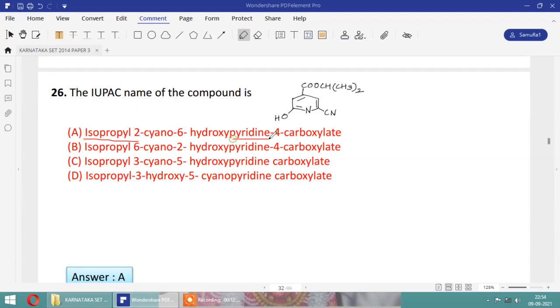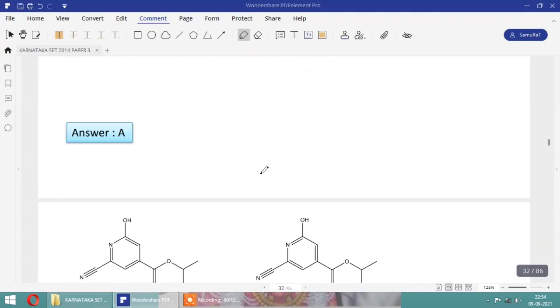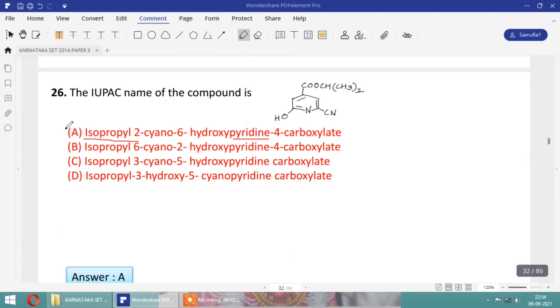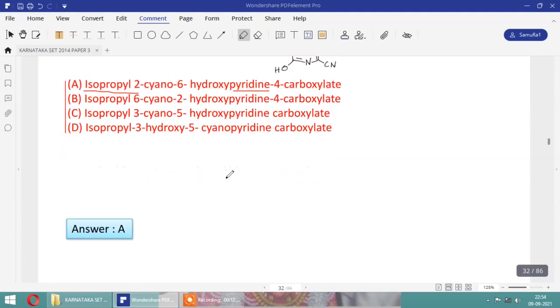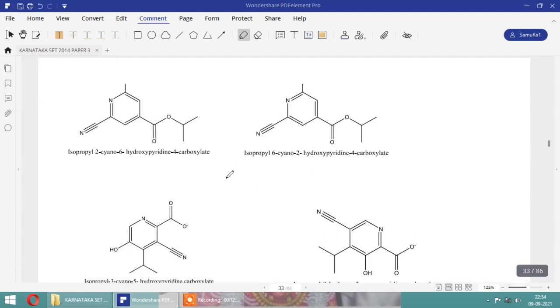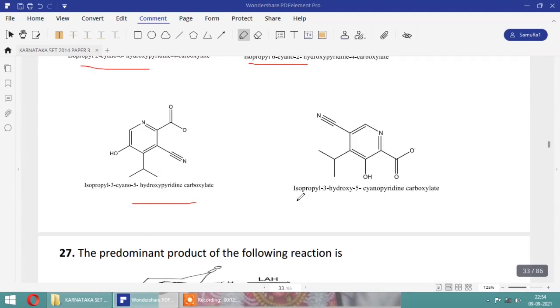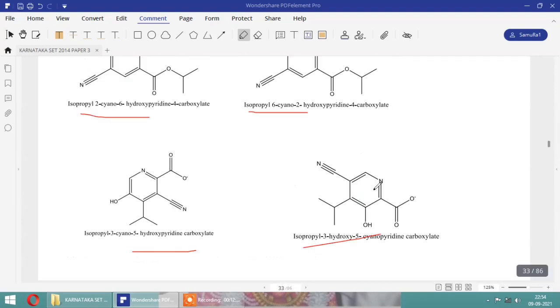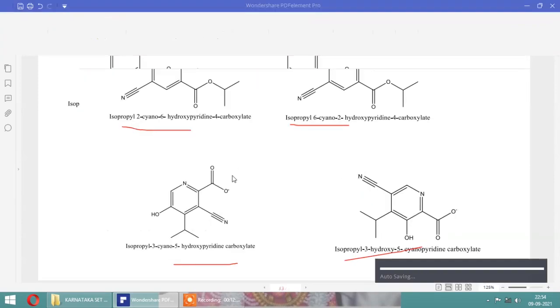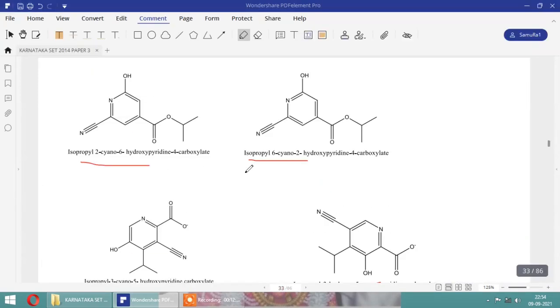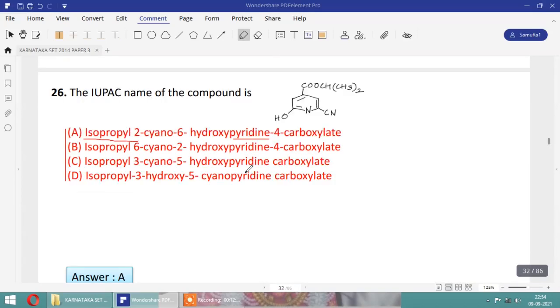Here you see, let's take the 4 molecule, that is structure of these 4 was written here. You see here option A, option B, option C and option D. The 4 structures. Among this structure, option A was correct.